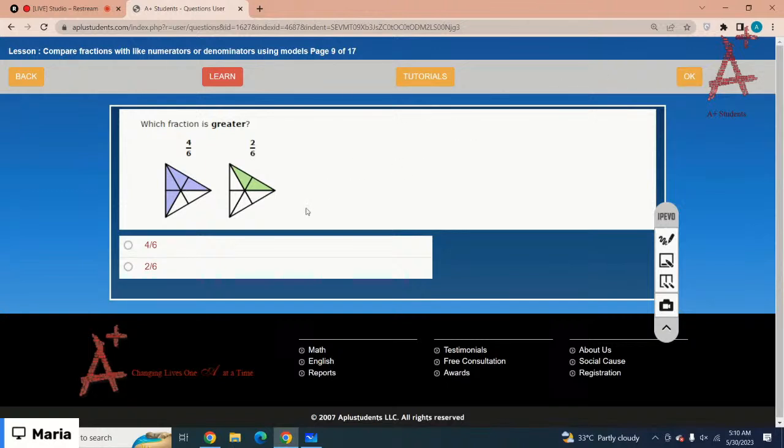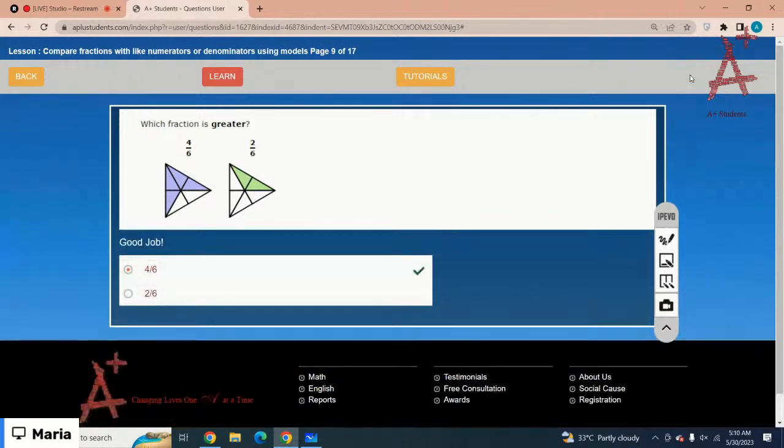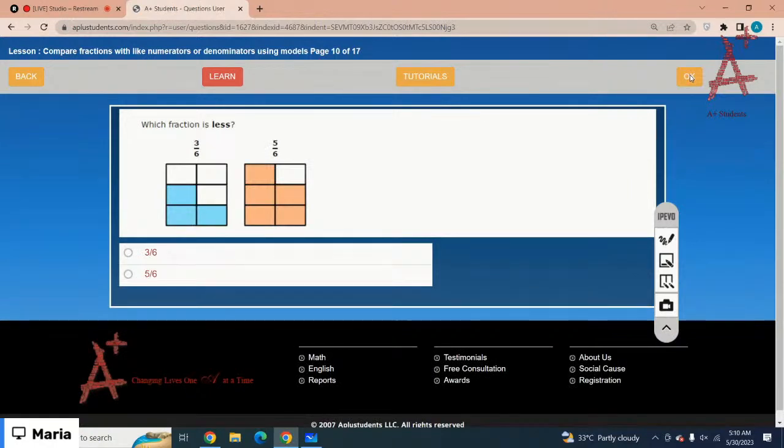It would be 4 over 6. Okay, which fraction is less, 3 by 6 or 5 by 6?